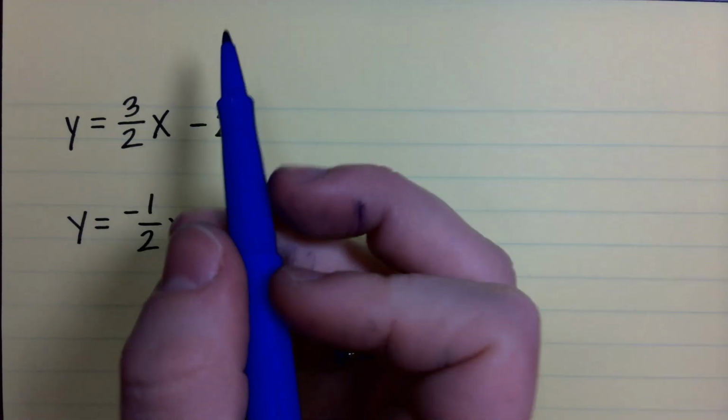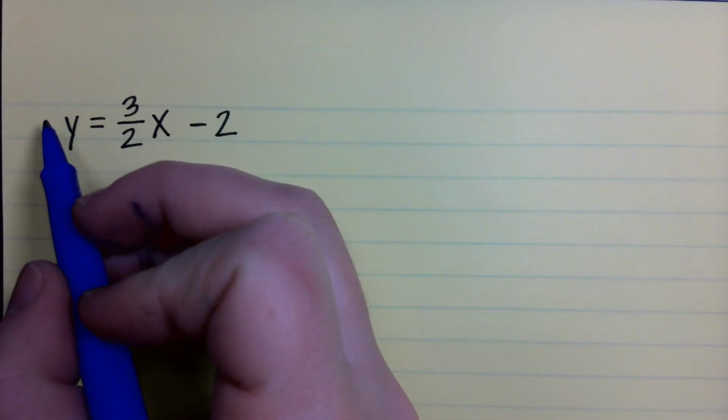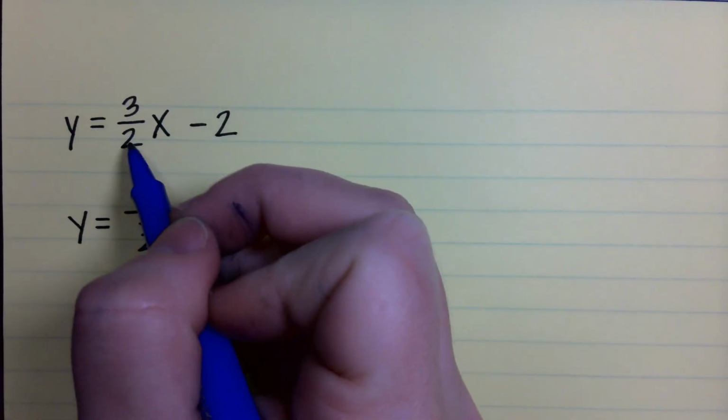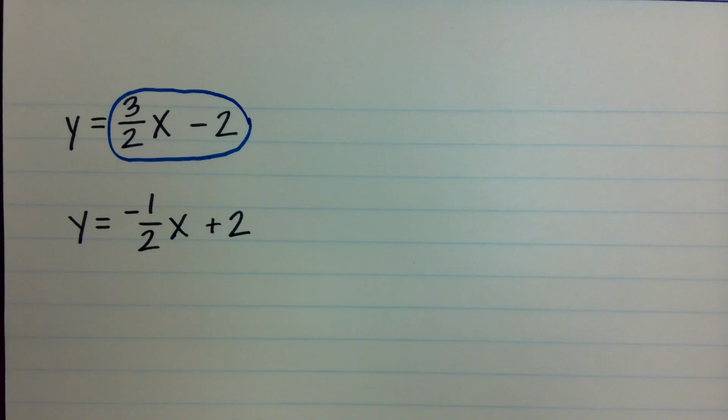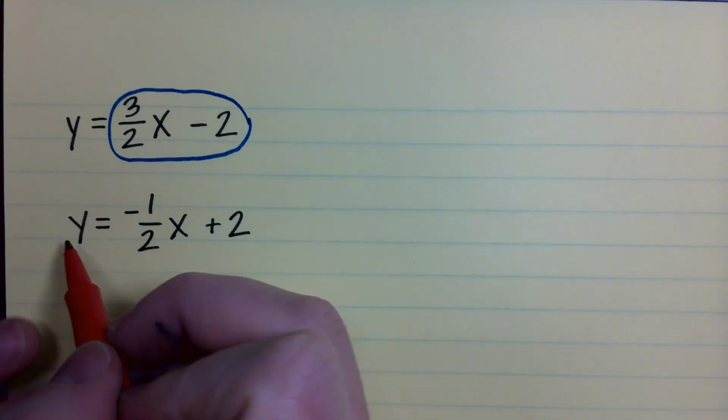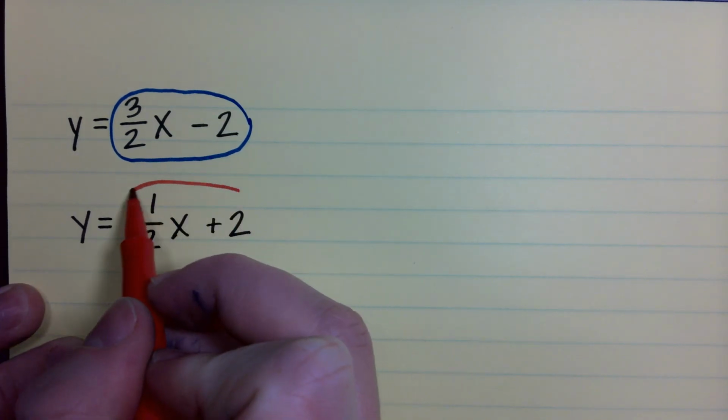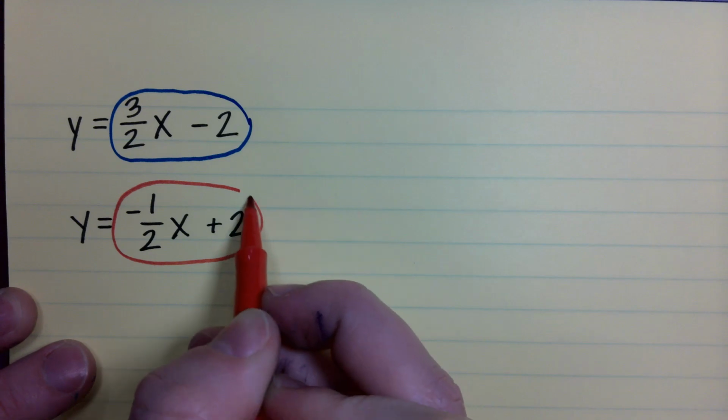So we've got two options. I see in my first equation y is equal to 3 over 2 x minus 2, and in my second equation, I've got y is equal to negative 1/2 x plus 2.